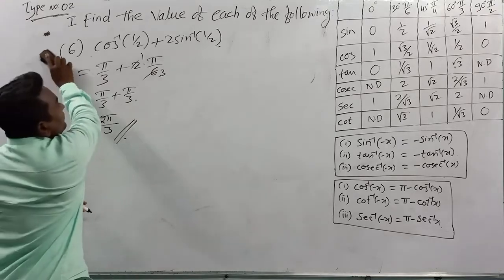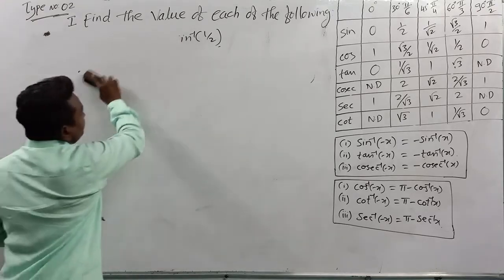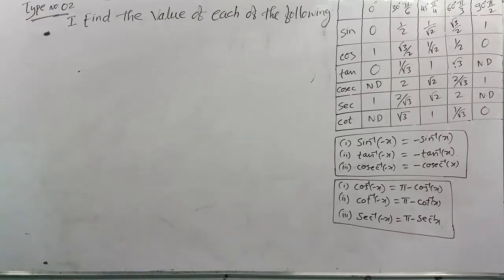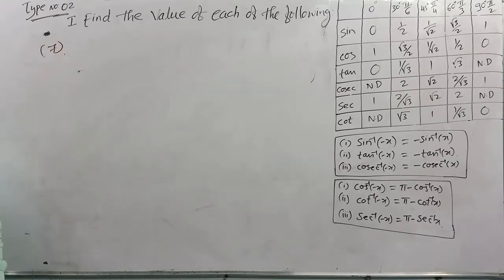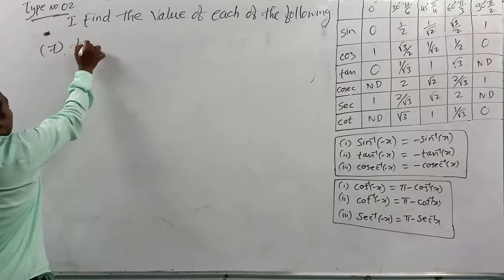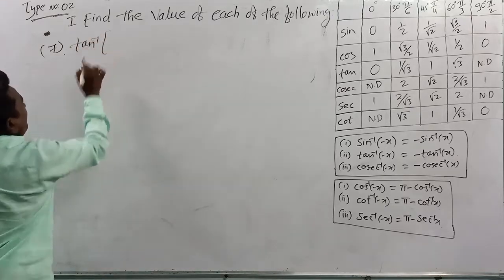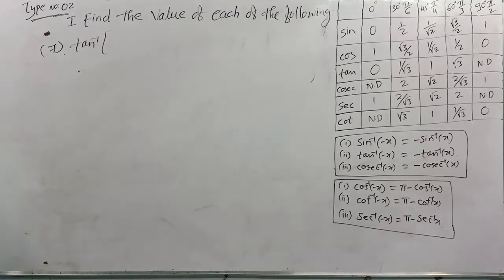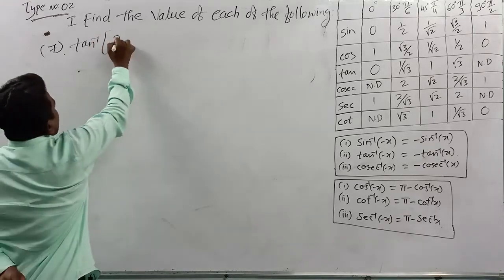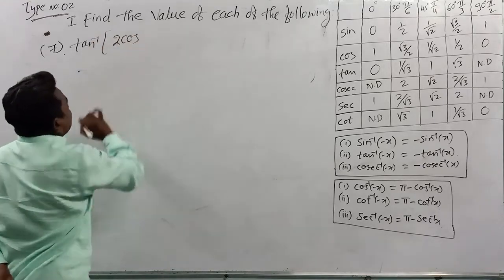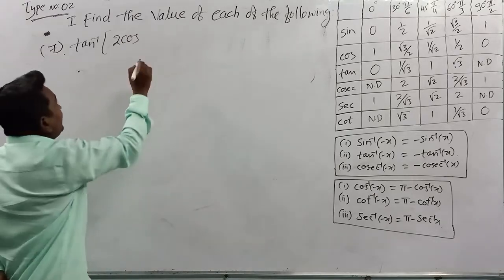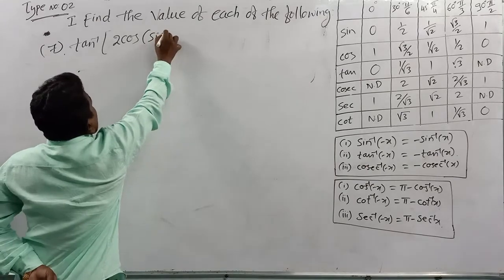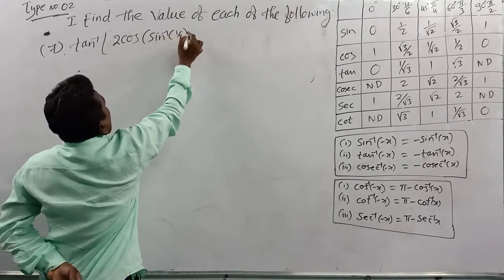Now let us continue with the 7th problem. tan inverse of 2 cos of sin inverse 1 by 2.